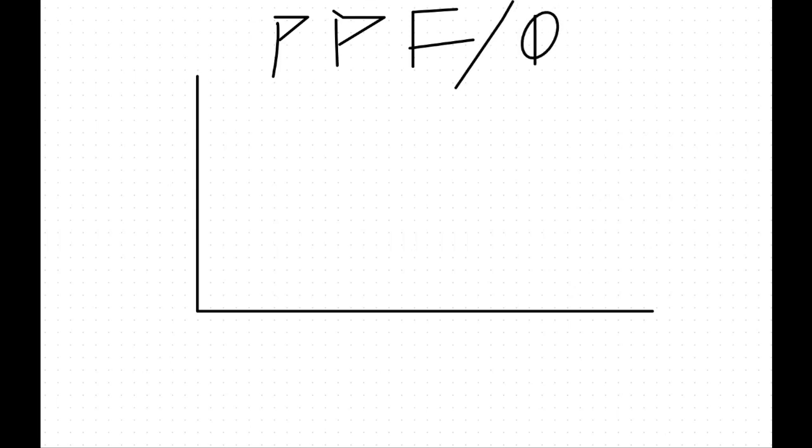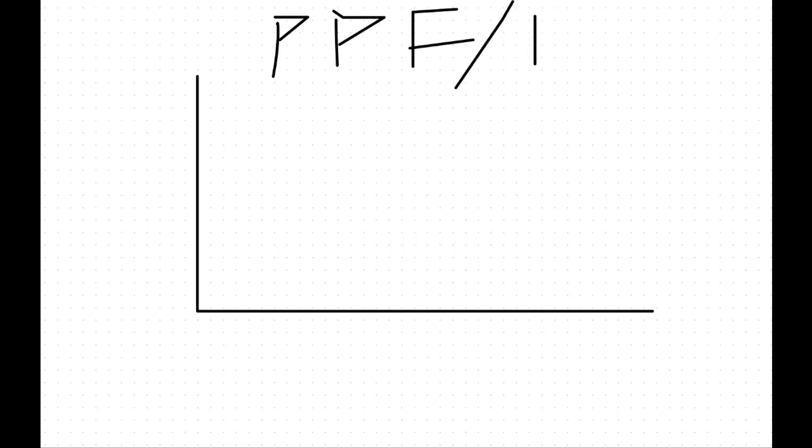Okay, so the main thing is the production possibilities frontier. Okay, PPF. Despite the name, it is not actually a really bad euphemism. The other name that we have for it is a budget constraint.